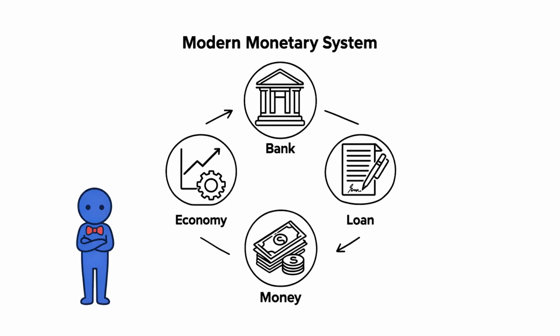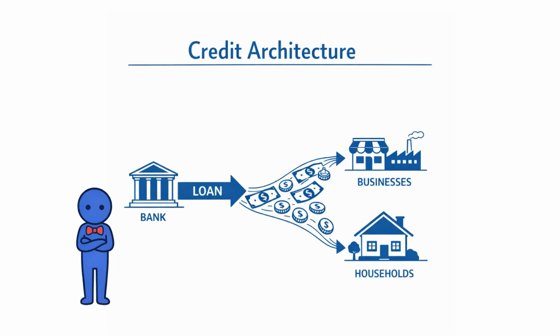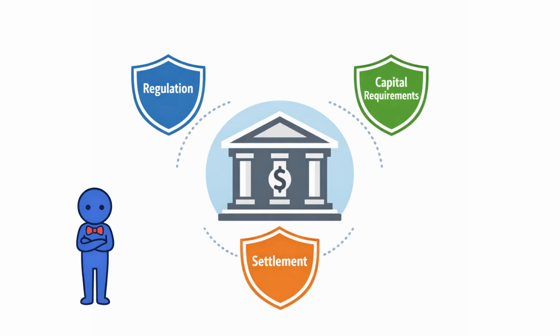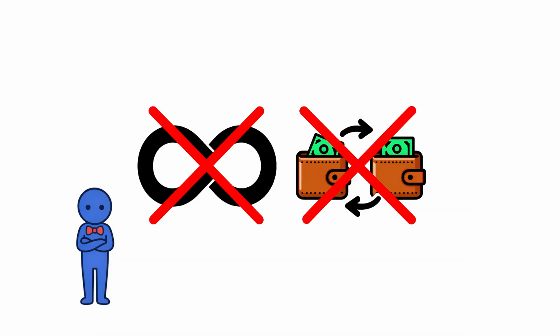Here is what the modern monetary system actually is. It is a credit architecture designed to facilitate economic expansion by allowing banks to create purchasing power in the act of lending. It is constrained by regulation, capital requirements, and the mechanics of settlement. It is not unlimited, but it is also not a simple transfer of pre-existing funds.